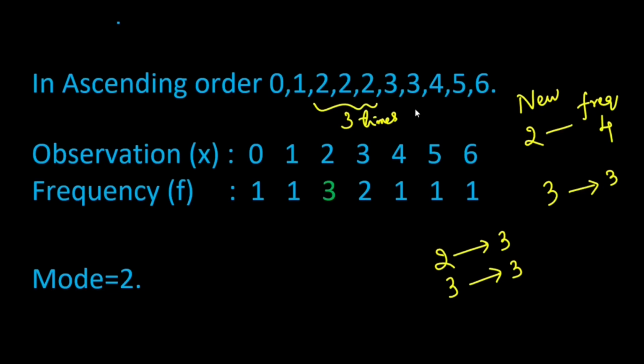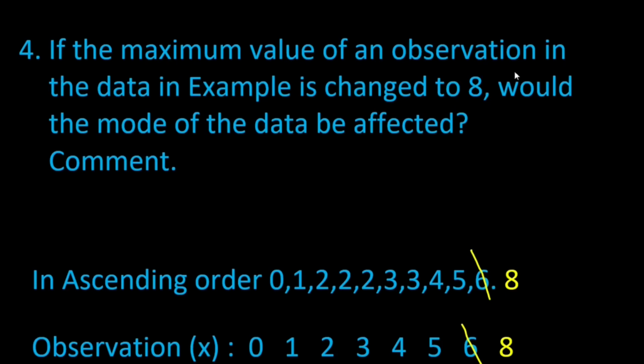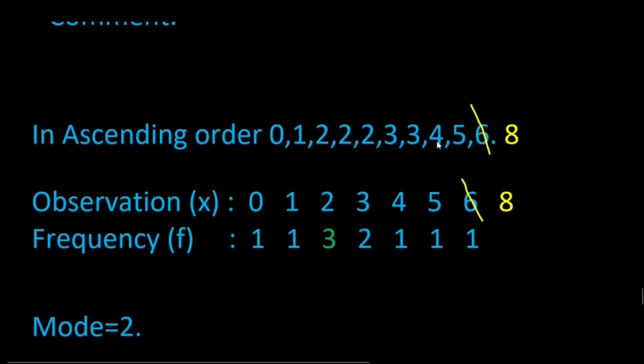If the maximum value of an observation in the data in the example is changed to 8, would the mode of the data be affected? Here in this example, the maximum value is 6. We are changing it to 8. When the maximum value is 6, 2 is occurring 3 times here.